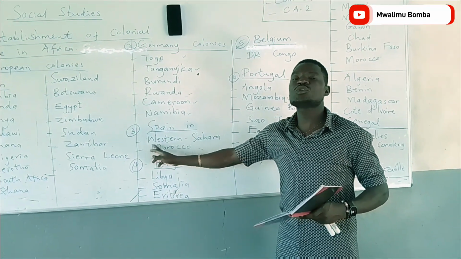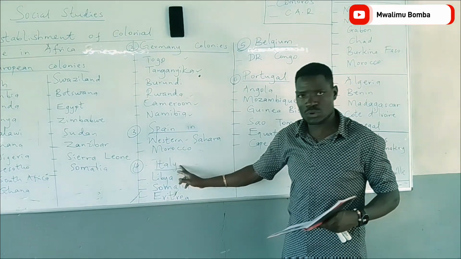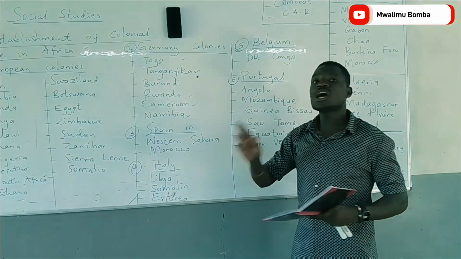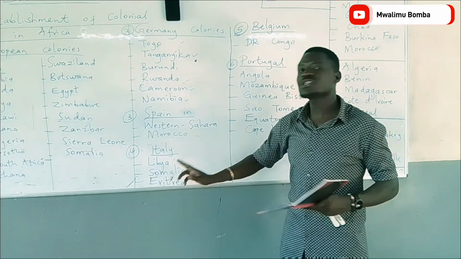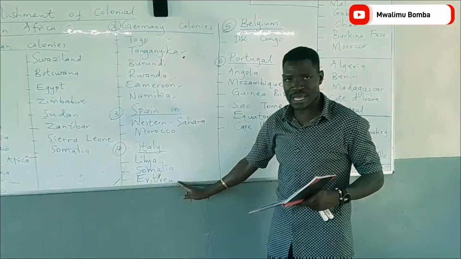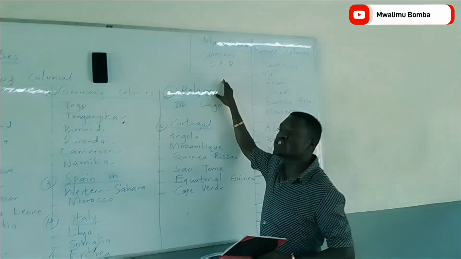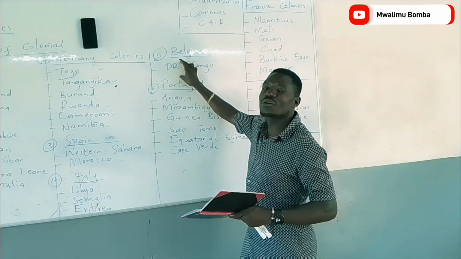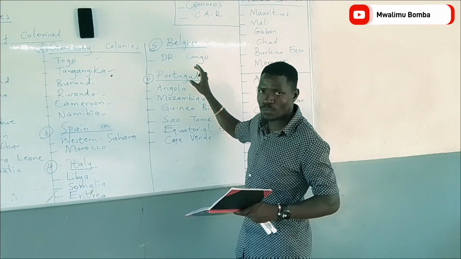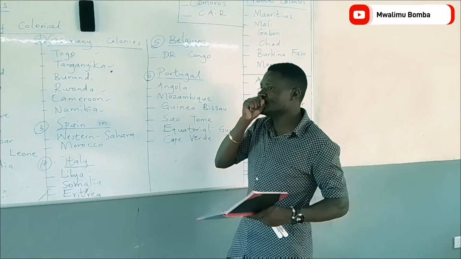Spain colonized Western Sahara and Morocco. Italy colonized Libya, Somalia, and Eritrea. And Belgium colonized Democratic Republic of Congo. Are you ready to start?